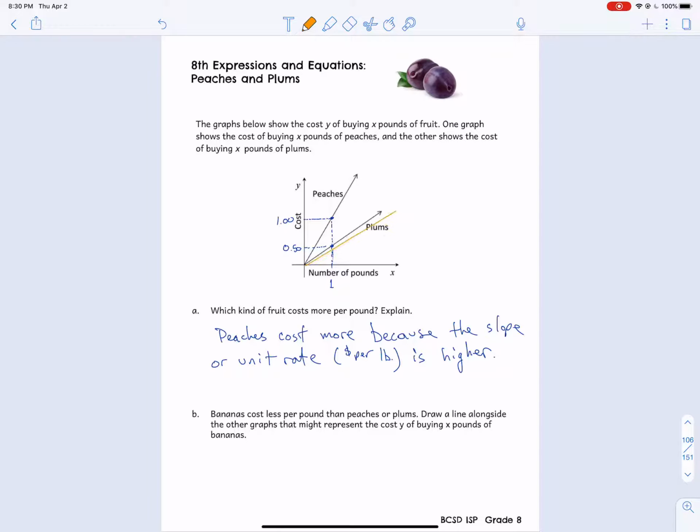We don't know how much less, so is it just a little bit less than plums or a lot less, half of that? I don't know, let's just call that bananas. So anything lower than or a smaller slope than the one for plums. And that's it. It just says to draw that, and then we're done.